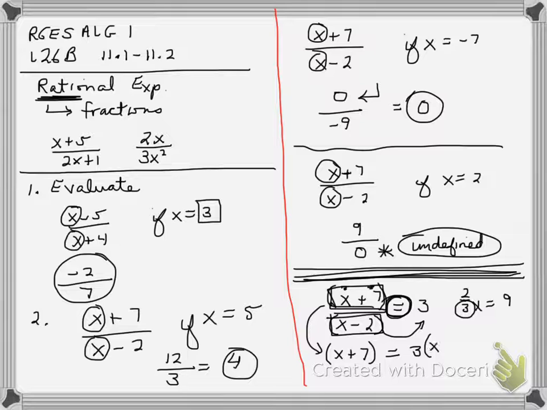Just like that. Now what would I do? I would distribute through, I don't need the parentheses anymore, 3x minus 6. And you do know how to solve something that looks like this now. I would take my number to the right side by subtracting.